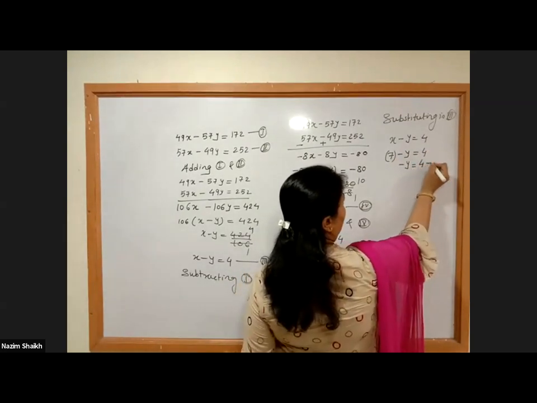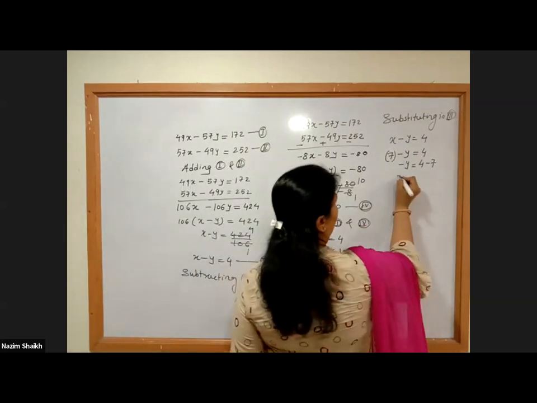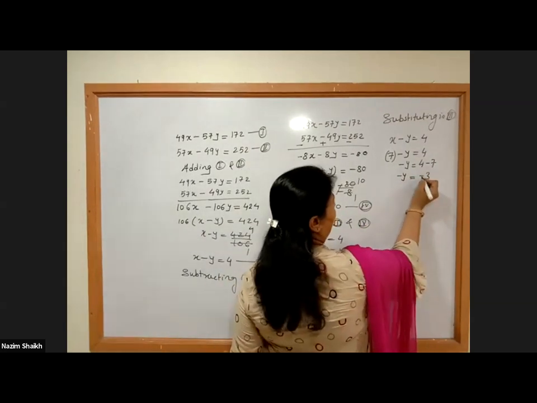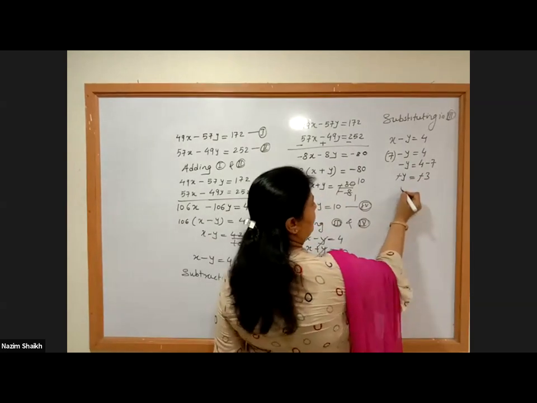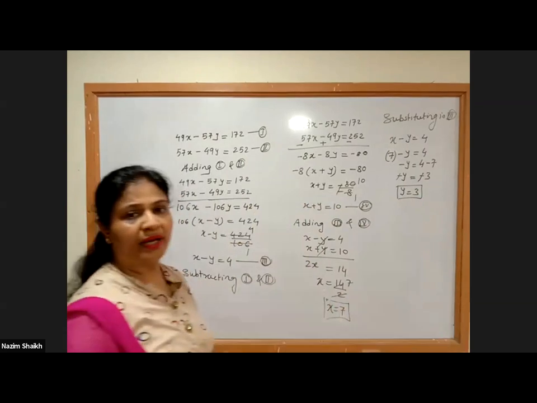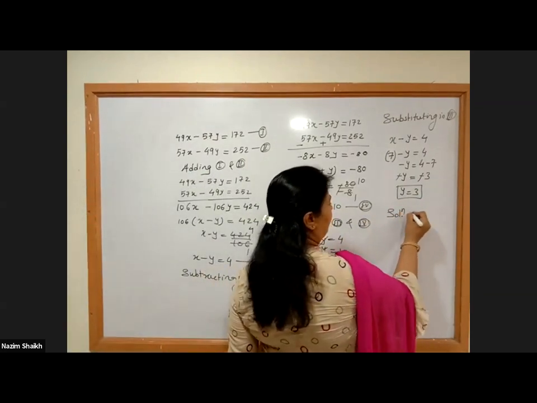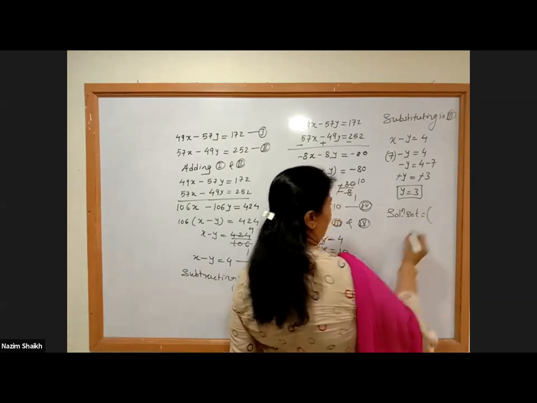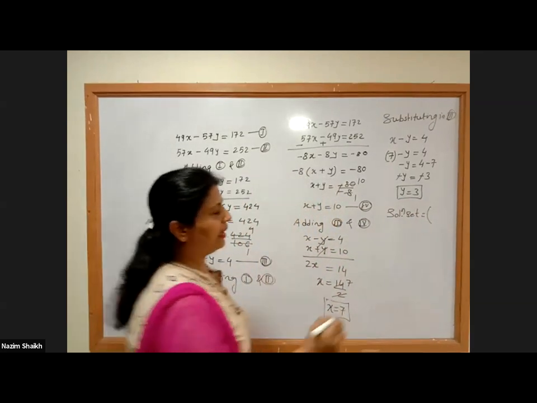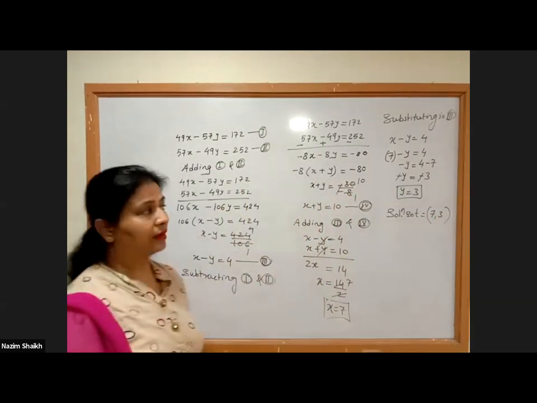Minus y is equal to 4 minus 7. Minus y is equal to minus 3. So y is equal to 3. Your solution set is x is 7 and y is 3. 7, 3.